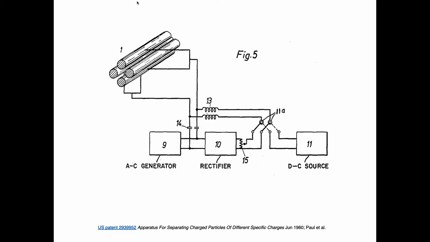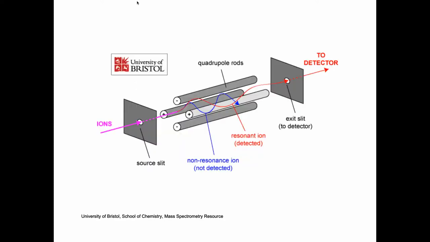And it's the voltage of that pulsed radio frequency field and the frequency that determines which ions get through these rods. Only one ion can actually make it through the rods at a time, depending on the frequency of that radio frequency pulse and the ratio of voltages on those rods. And the other ions basically just crash into the sides here.